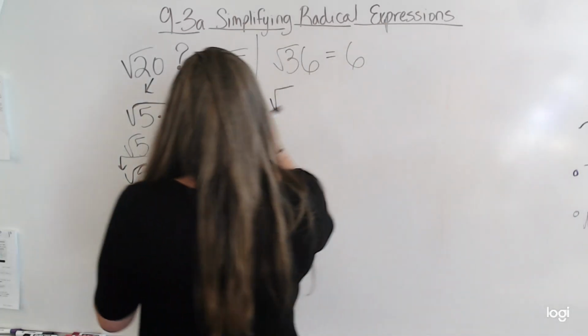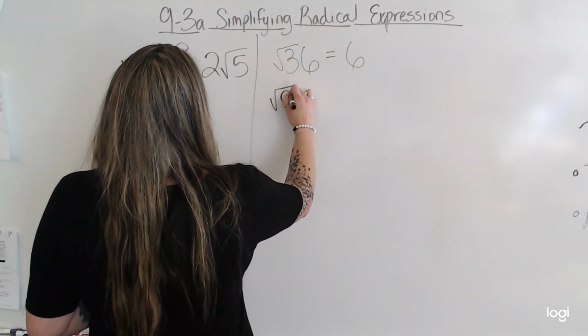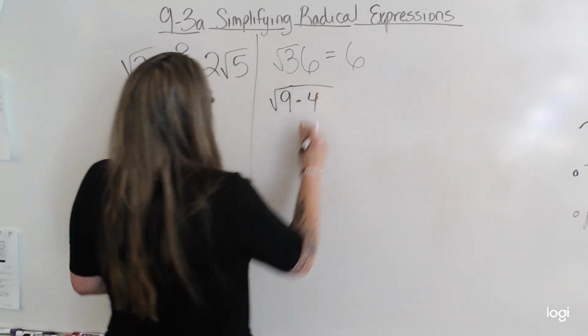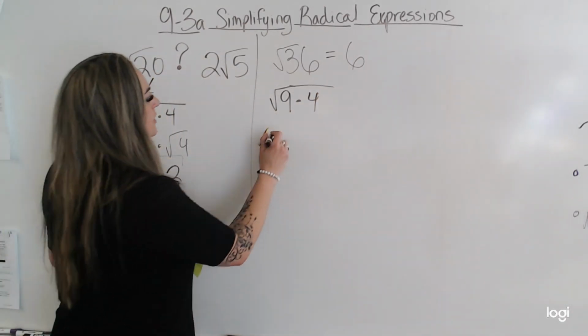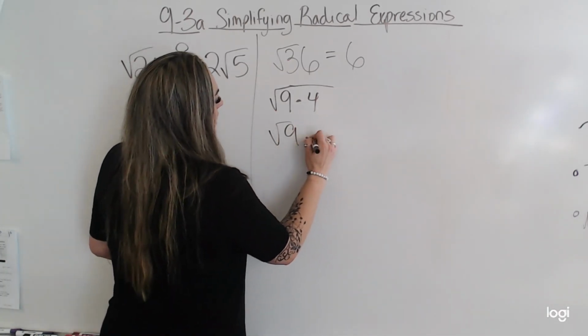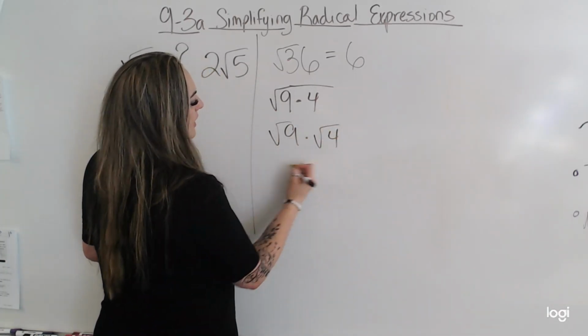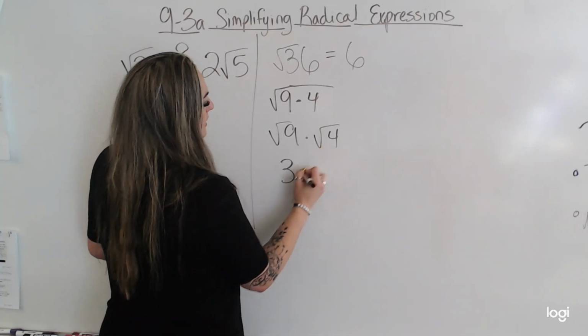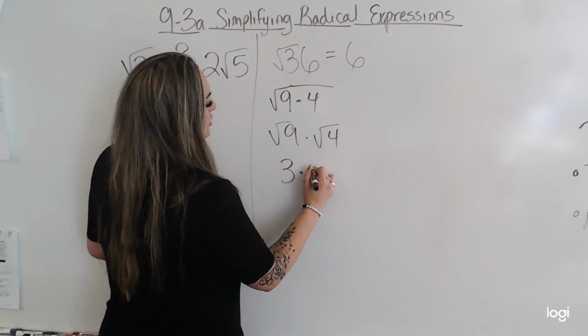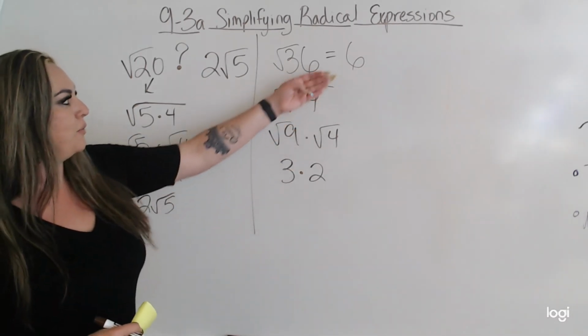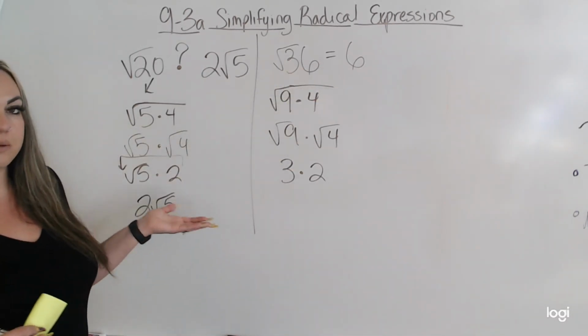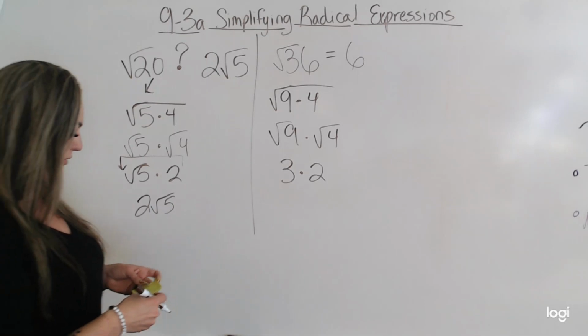If we do 9 times 4, those are both perfect squares. The square root of 9 times the square root of 4, well, that gives me 3. The square root of 4 is 2. And that's another way of seeing how we can also get the 6. 3 times 2 is 6. So that's what that simplifies to.